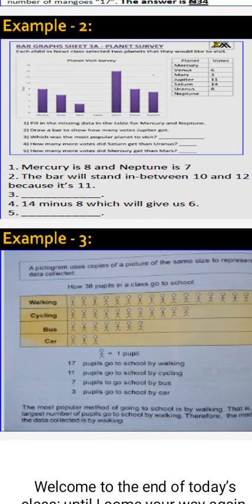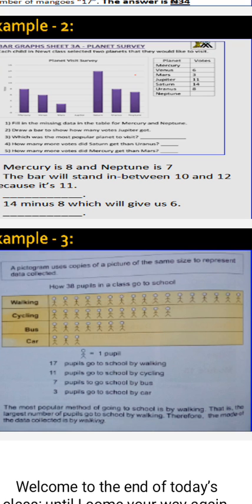Now to number 3 now, that's using the pictogram. Okay, a pictogram uses copies of a picture of the same size to represent data collected. So the table below is for us to interpret how 38 pupils in a class go to school. How did they go?